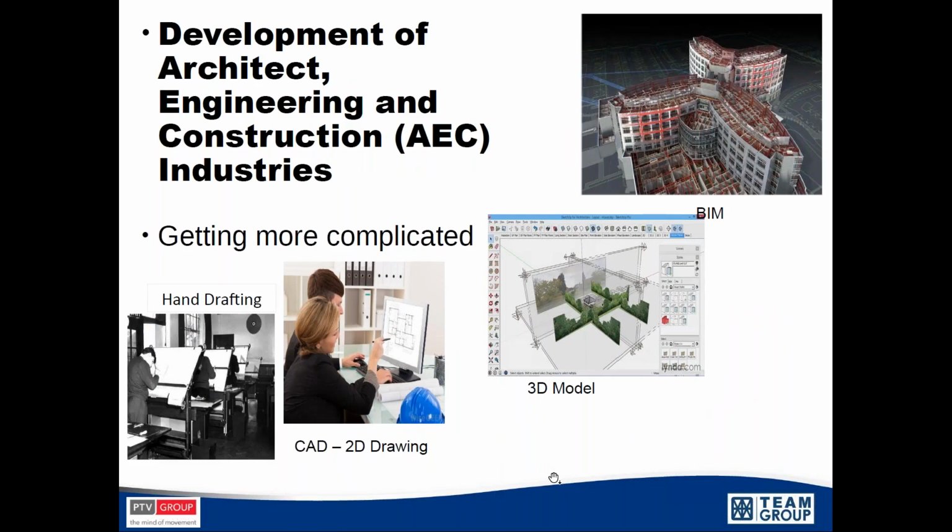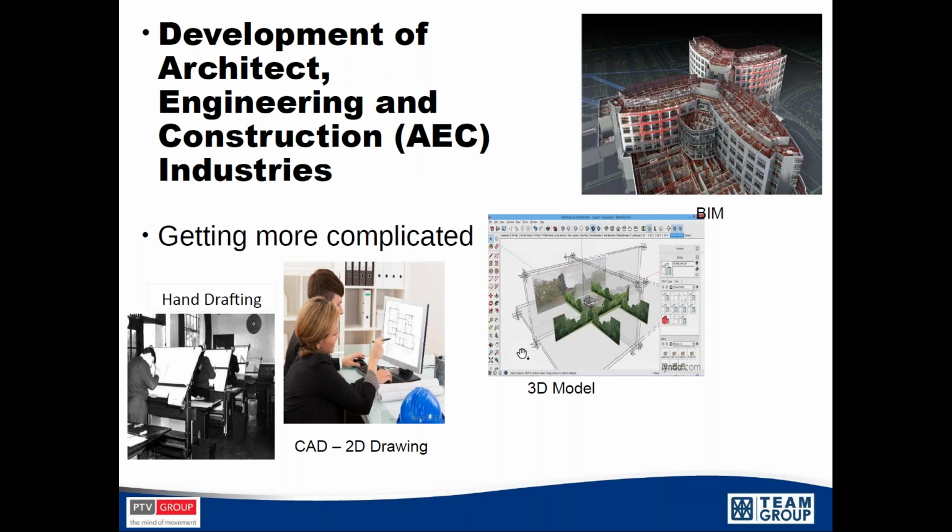Okay, let's see some development of the BIM. I would say that there are 4 major generations. First one is a hand drafting. Yes, 30, 40 years ago, everything in this world created from hand drawing. But the recent 20 years ago, a platform called CAD, or something like AutoCAD, 2D drawings has been very popular until now.